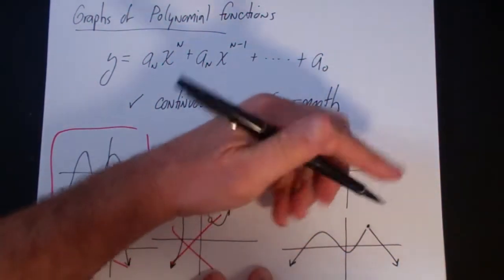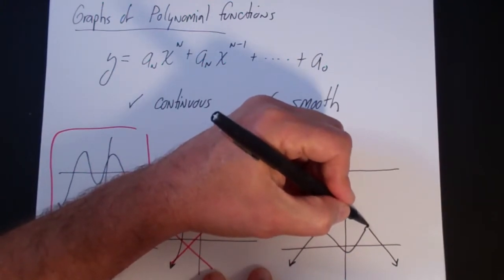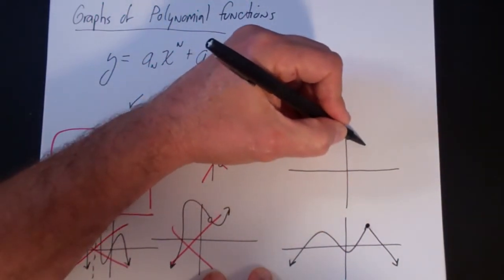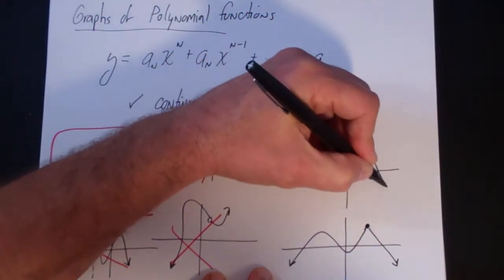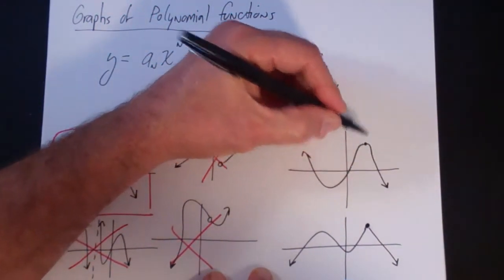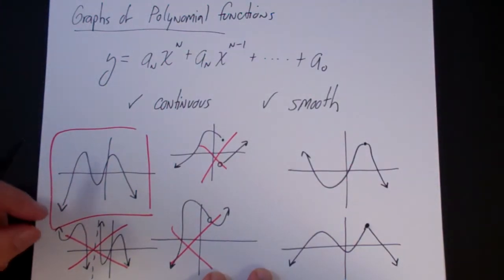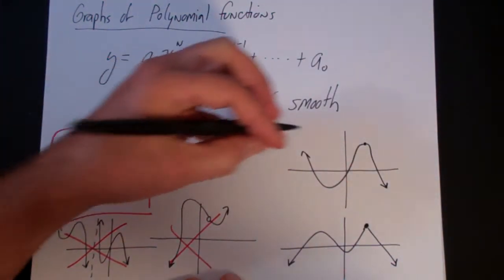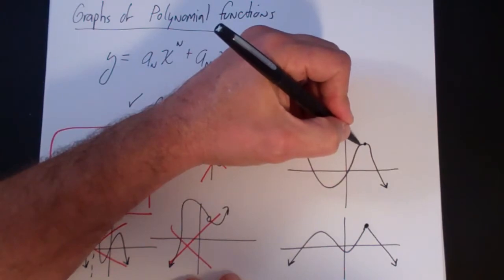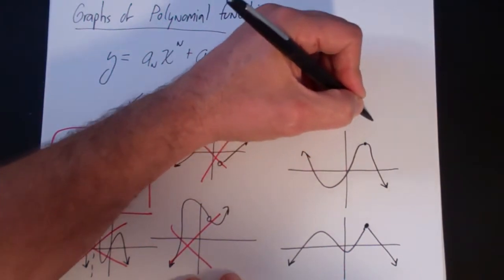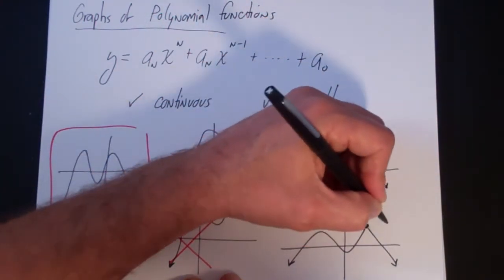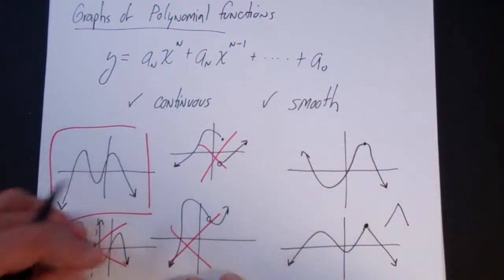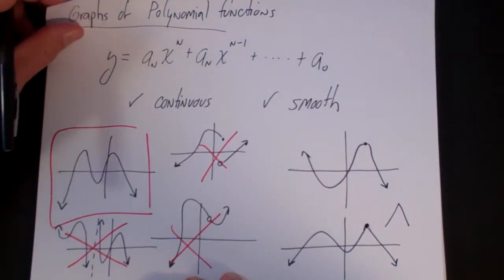Both of these will be continuous, but here it comes to a sharp point, and another one doesn't come to a sharp point. This becomes very important in calculus, but for now just realize that this is described as a smooth function. It can be very, very steep, but the turn is going to be a smooth turn. It's not going to have a sharp V point, and that's what we mean by smooth.